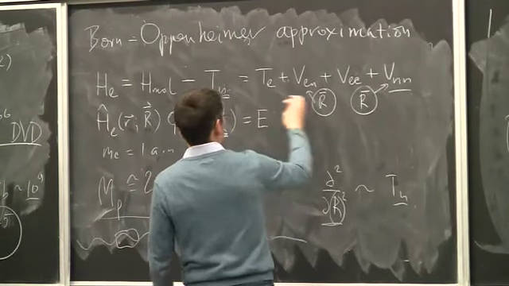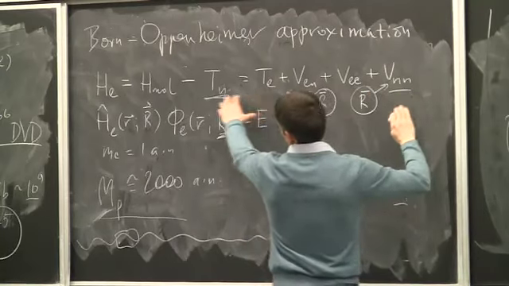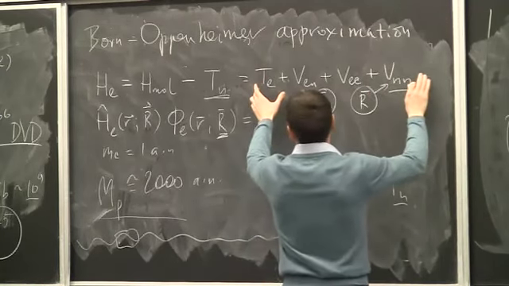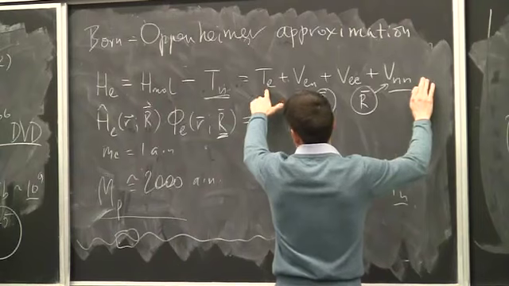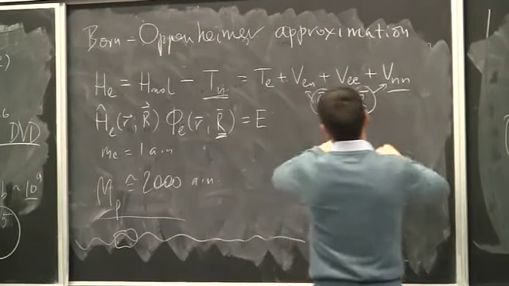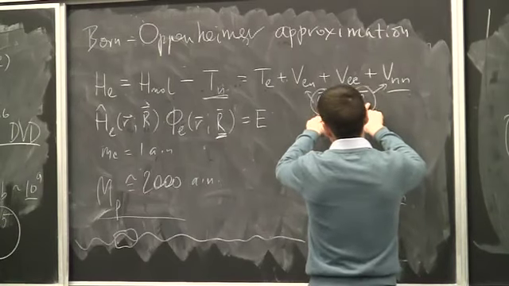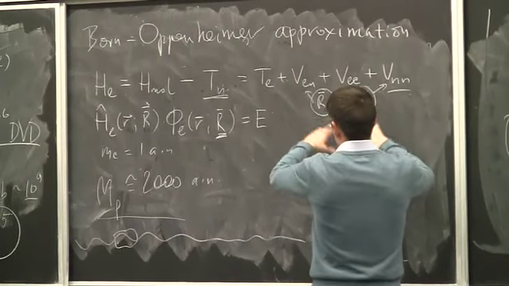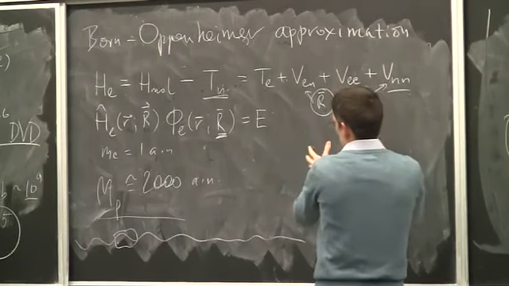It has fewer terms. Before we had the kinetic energy of nuclei to consider. Now we have only the kinetic energy of electrons and all the potential terms. And in the potential terms, the nuclear coordinates, which were variables before, are now fixed to some values, as parameters.